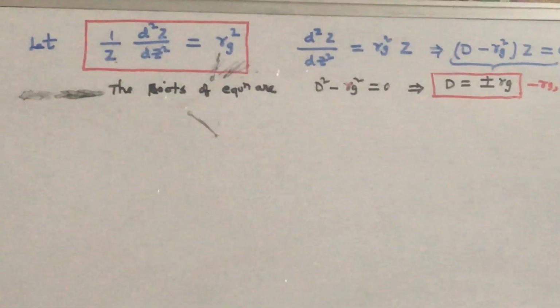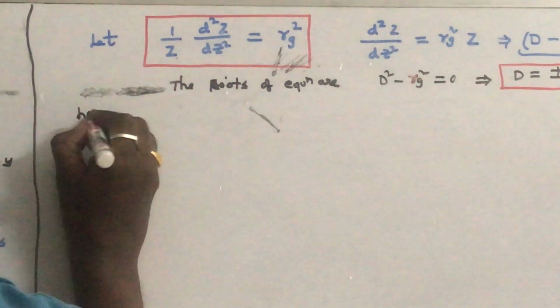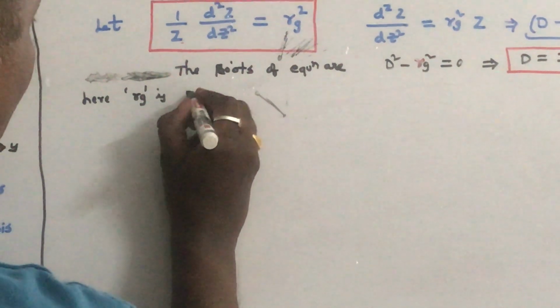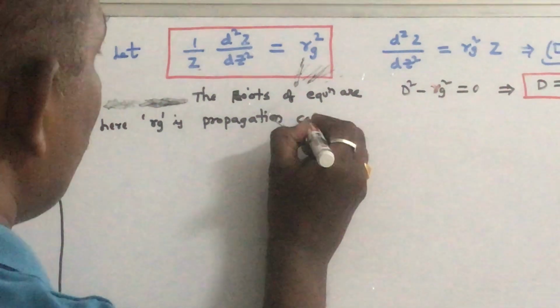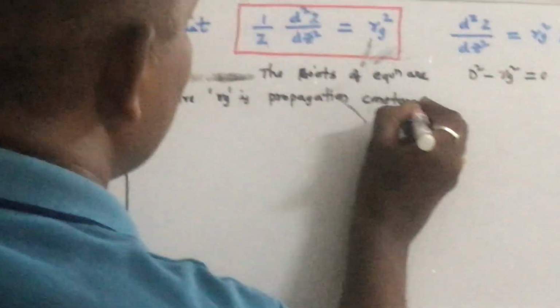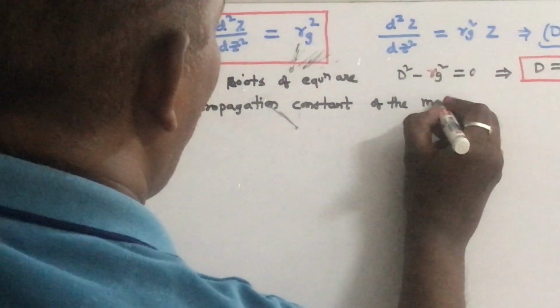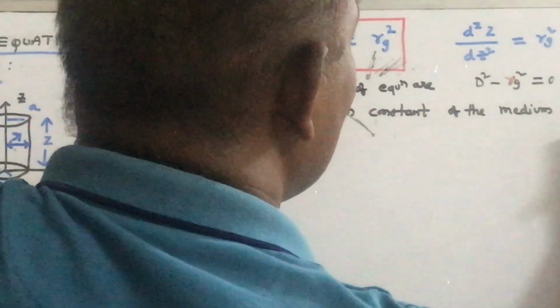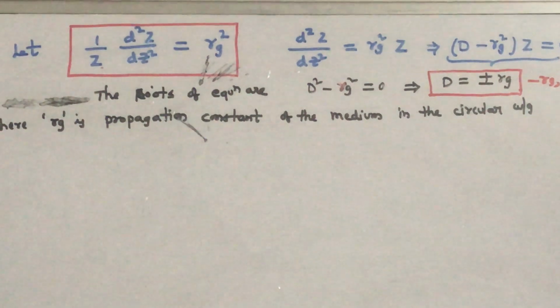That is the propagation constant, where gamma g is the propagation constant of the medium inside the circular waveguide. This factor is important in the circular waveguide.